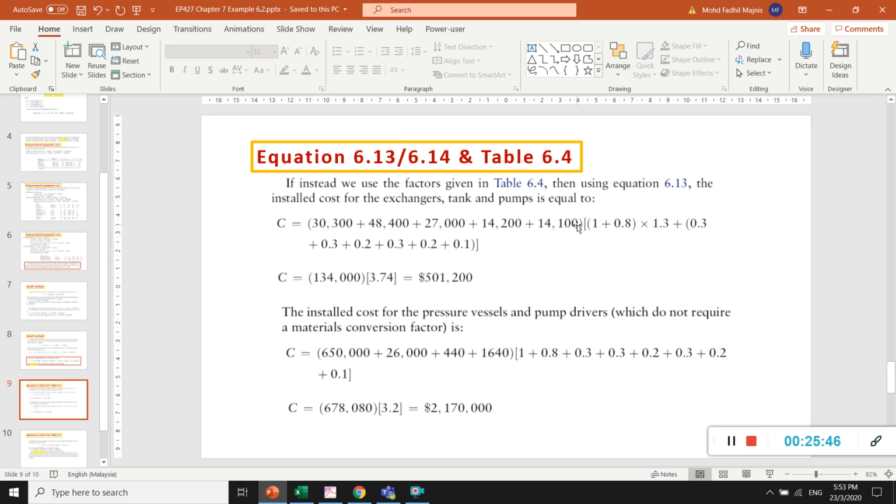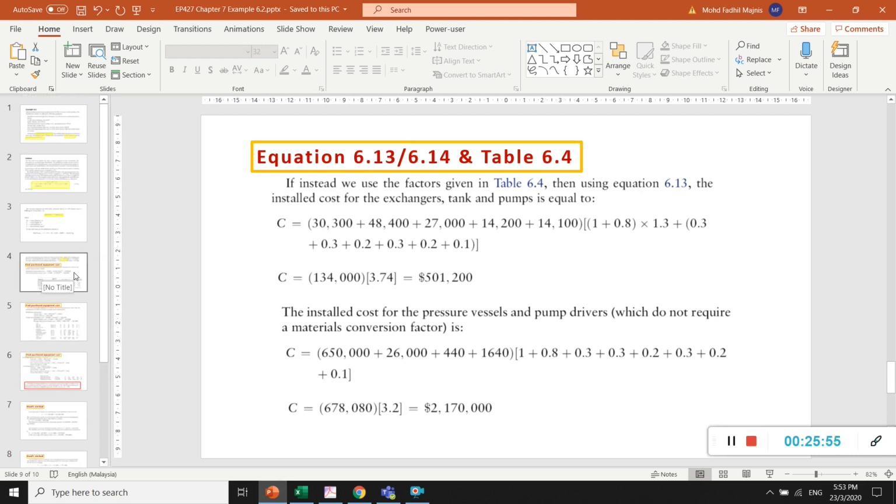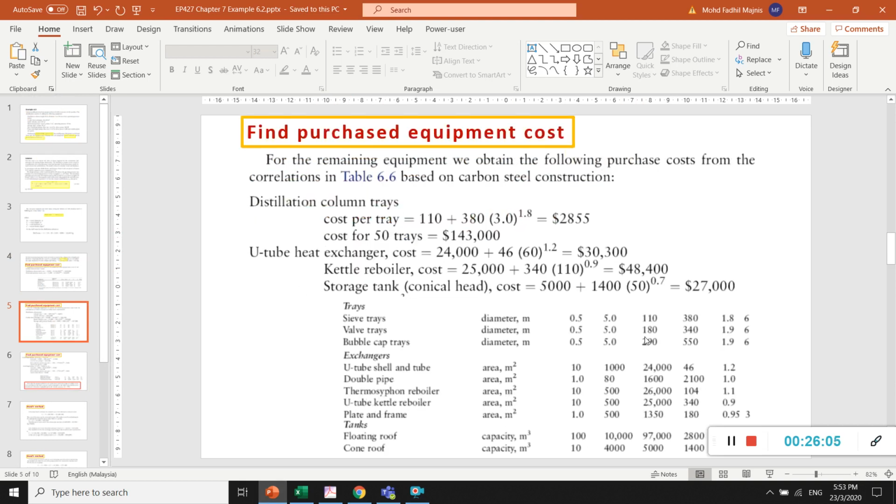So if you know this one, 30,300, we check again where these 30,300 come from. Exchanger, not this one. This one is the exchanger. So this cost actually comes from this, which is equipment cost.